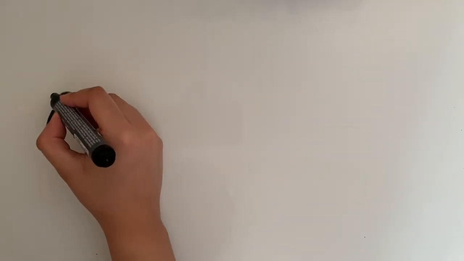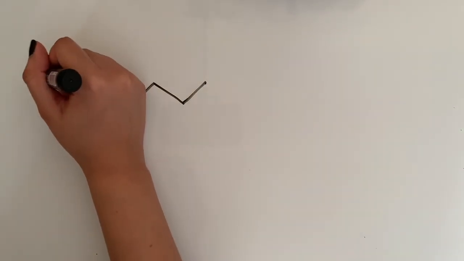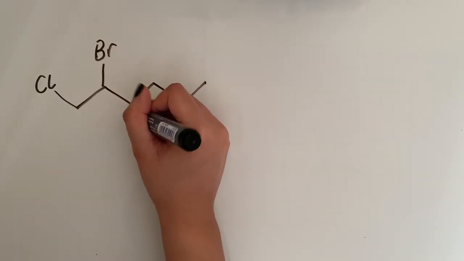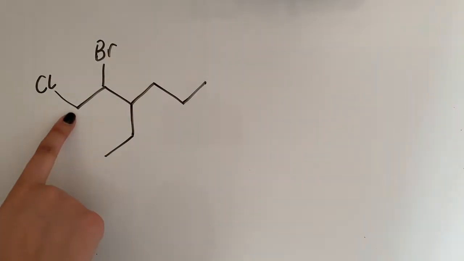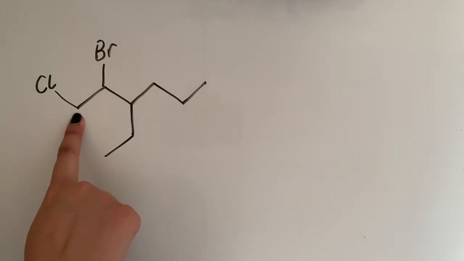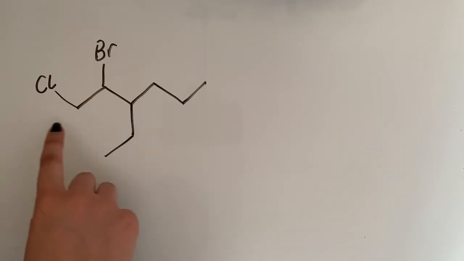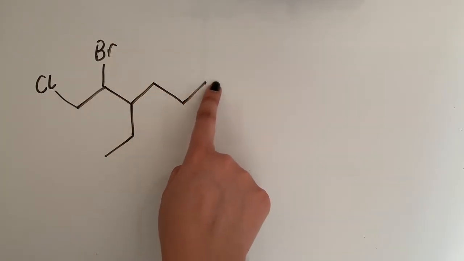Right, next one, let's start having a look at it in skeletal form. Like so. Okay, so remember, whenever we're doing it in skeletal form, when we have a carbon here, and a line coming off and then another atom, so we've got a chlorine here, there's now no carbon here. So in terms of the number of carbons, or the longest carbon chain, it starts from here, so it's going to be 1, 2, 3, 4, 5, 6.